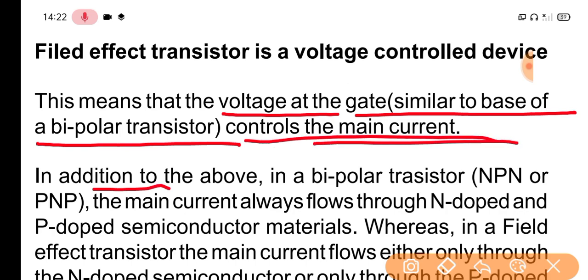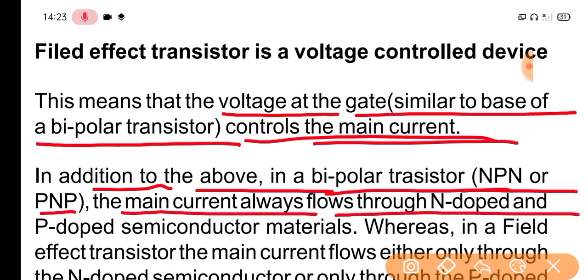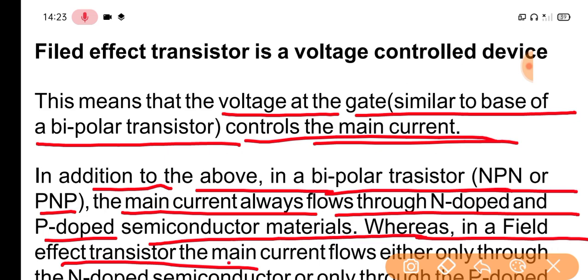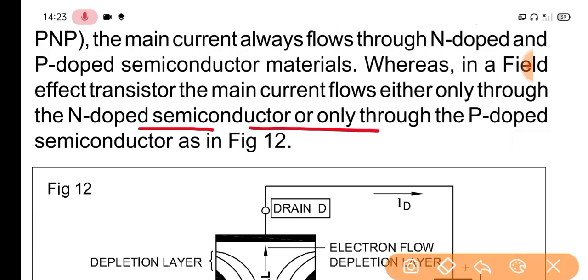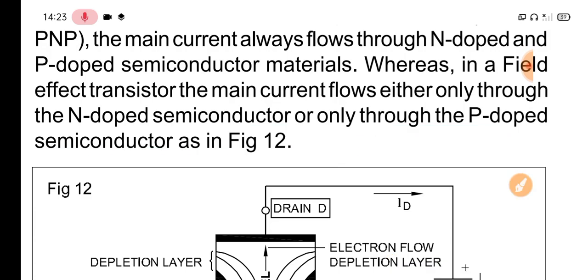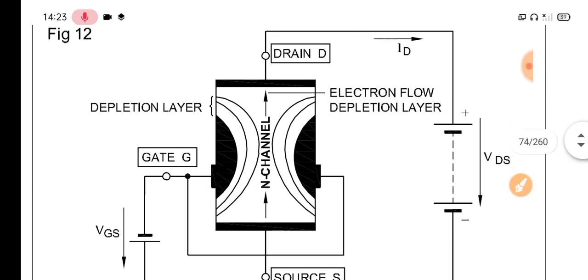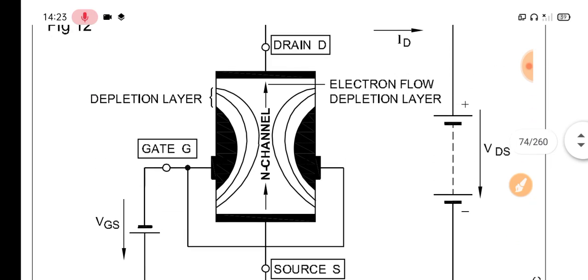In addition to the above, in a bipolar transistor, NPN or PNP, the main current always flows through both N-doped and P-doped semiconductor material, whereas in a field effect transistor, the main current flows either only through the N-doped semiconductor or only through the P-doped semiconductor, as in picture 12.